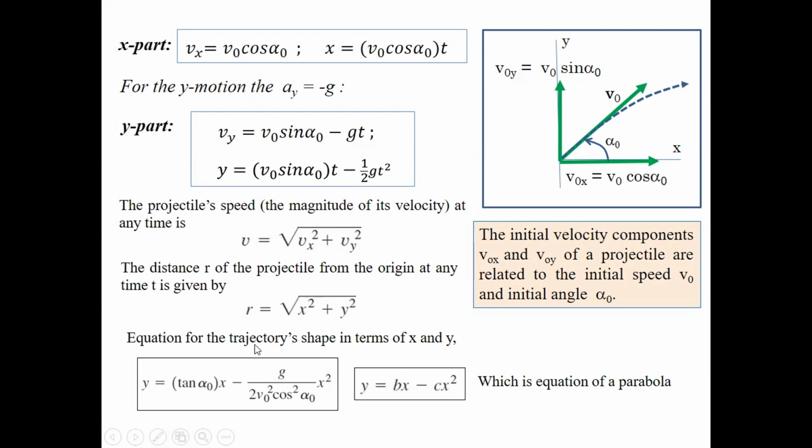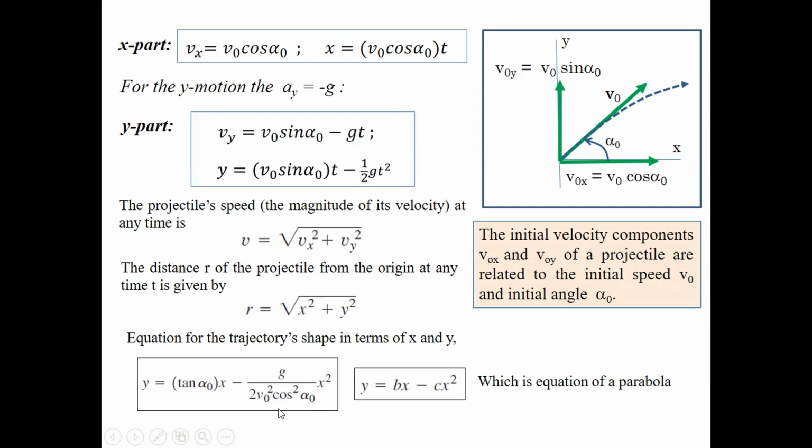So we can have the equation of trajectory by eliminating time from the y equation and the x equation. We get y equal to tangent of alpha naught times x minus g divided by 2 times v naught square cos square of alpha naught times x square.